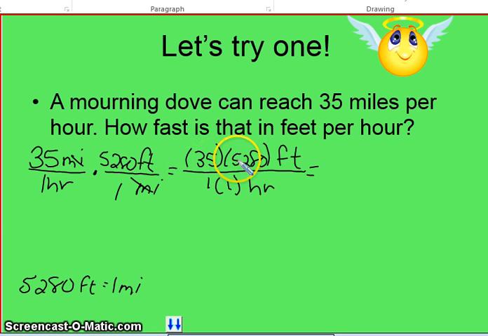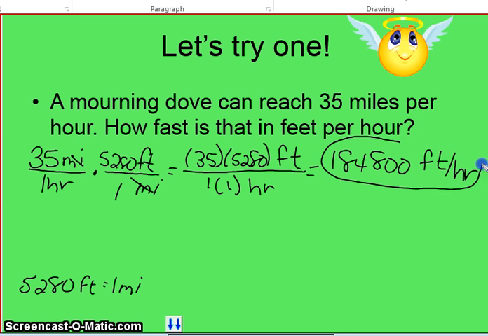When I multiply 35 times 5,280, I get 184,800 feet divided by 1 hour, so feet per hour. That's how fast that mourning dove is in feet per hour.